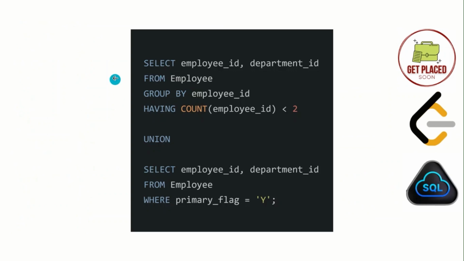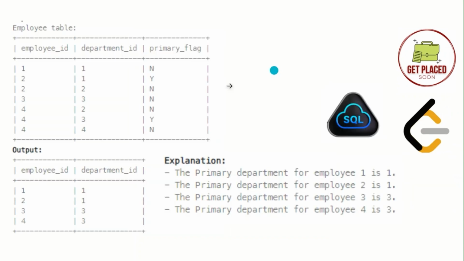What is the first case? The employee is working in only one department, therefore the primary flag value will be N, but still we want to retrieve the details because he has only one department and it has to be his primary department. Therefore select employee ID, department ID from employee. Why are we mentioning these two columns? Because in the output we are supposed to mention these two columns.